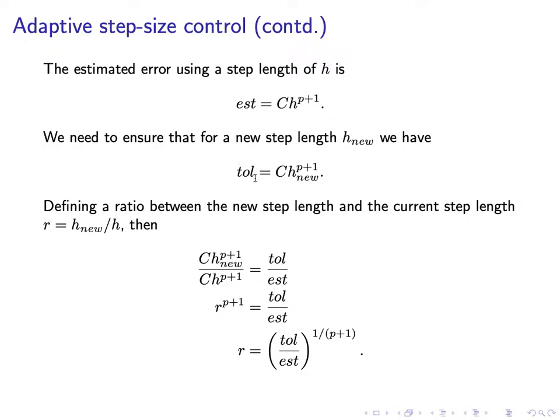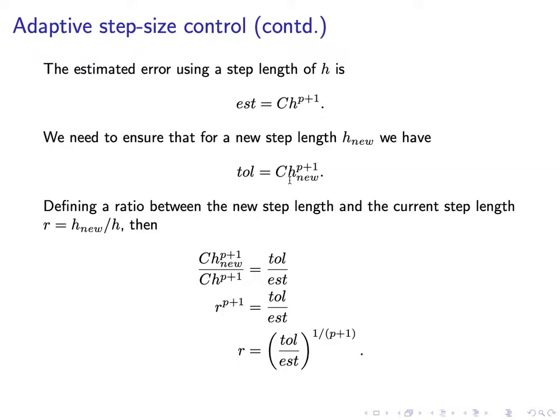Let's say that with our current value h, the error was less than tolerance. What we want is a new value of h where the error would equal the tolerance, so we're maximizing the efficiency in our method. So tol = c times h_new to the power p+1, where c is again some positive number.